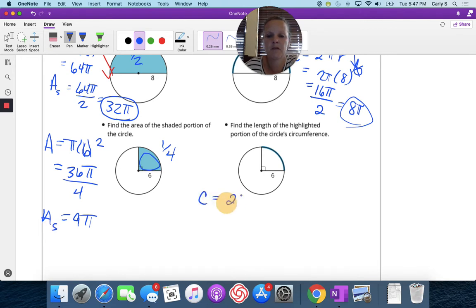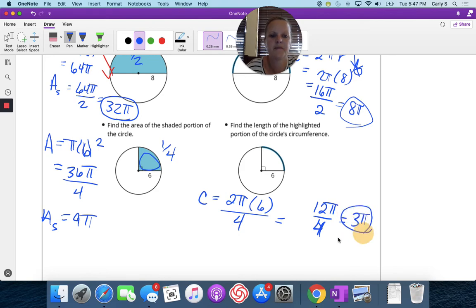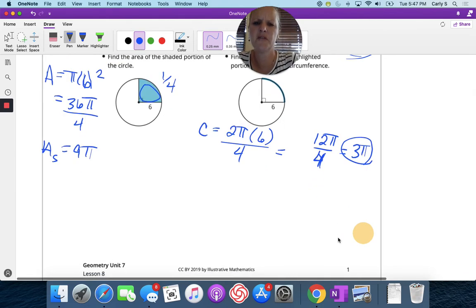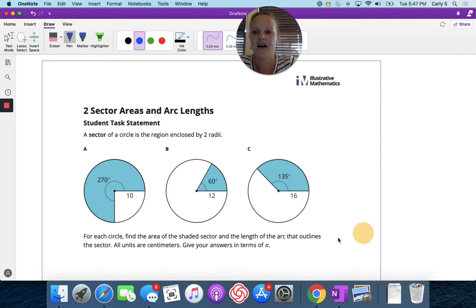So 2 pi r, and it's only a fourth of it. So that's 12 pi over 4, which is 3 pi. Cool. Good review, huh? All right.